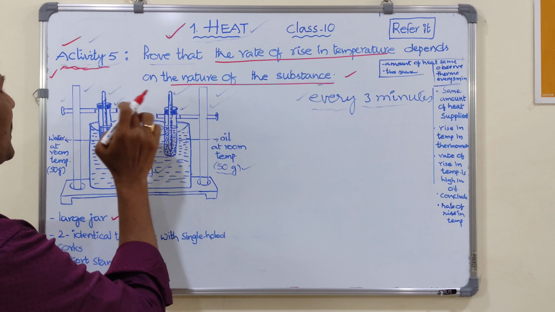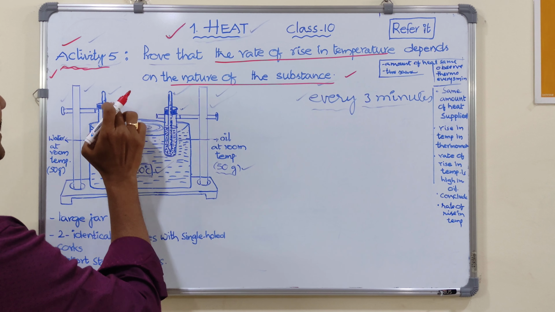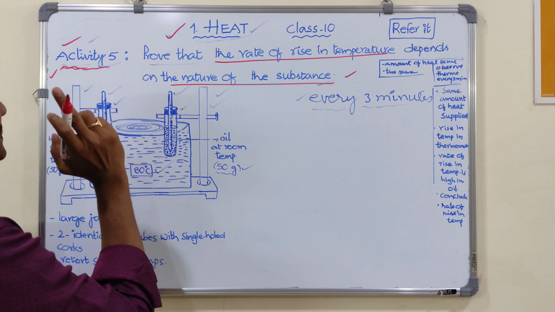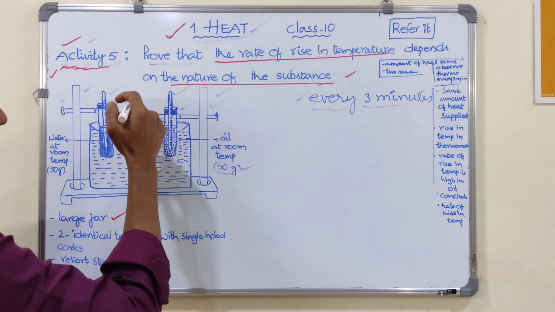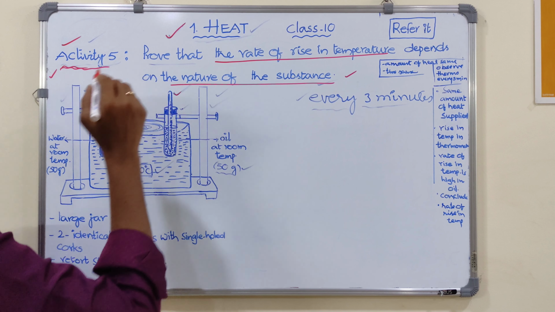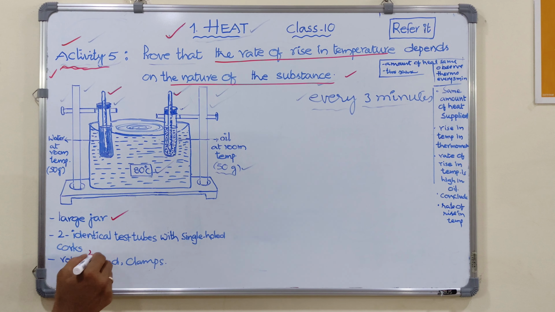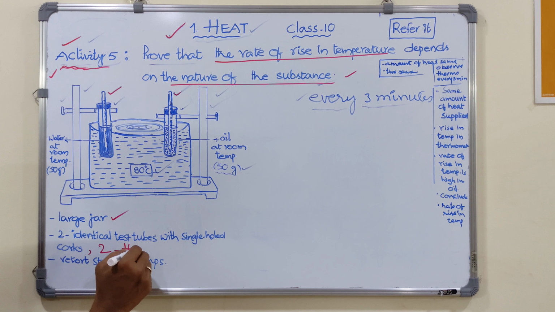On the top of these 2 test tubes there is a cork. These 2 corks have a single hole for inserting 2 thermometers.